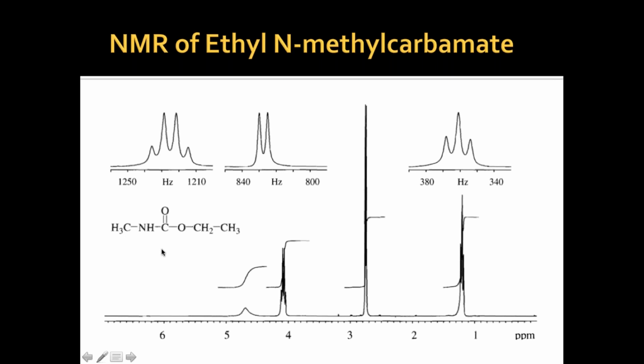It's very, very hard to understand the proton spectrum, the hydrogen spectrum of nitrogen. They always jump, they always dance from one place to another place. It really matters what the concentration is. It really depends upon how you shim your sample.